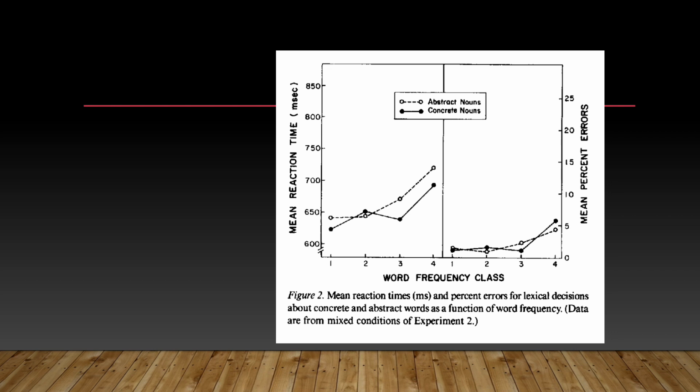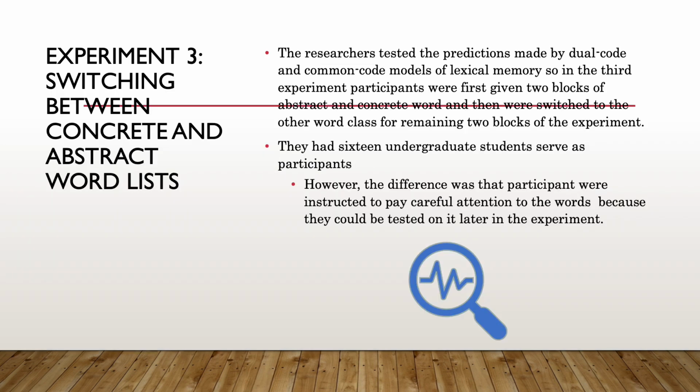And you can see there is an interaction at the word frequency of 2, which is probably why the researchers suggested that abstract and concrete words both use a common model of memory because of the interaction. The researchers then switched between concrete and abstract word lists, which was the title of their third experiment.